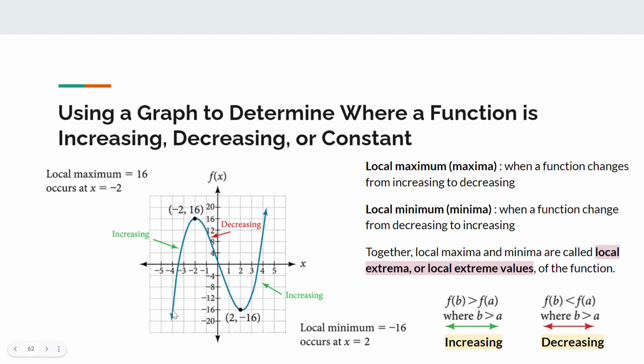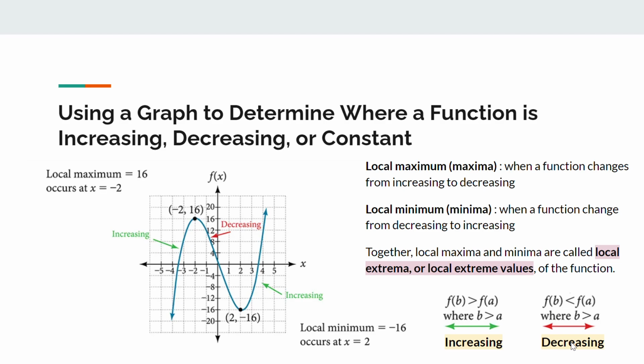In this case, f of b will be 16, and f of a will be negative 16, and we know that 16 is greater than negative 16, and also b is greater than a because negative 2 is greater than negative 4. So we know this part of the function is increasing, because that's what this explanation says. And it's basically the opposite for decreasing.